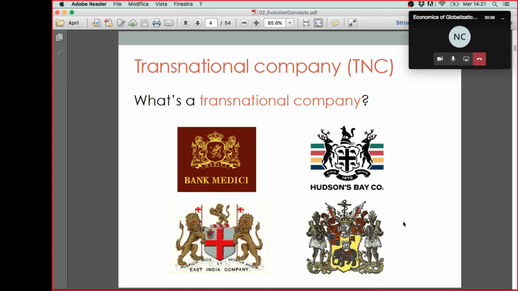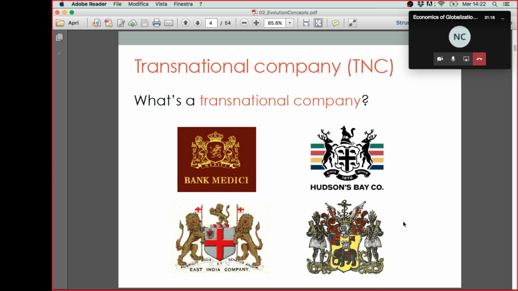So in that sense, it was basically a transnational company with direct operations in different countries, offering financial services to consumers spread around Europe, but not doing this from Italy. That could not be possible at that time because we didn't have the kind of communication infrastructure that we have today.